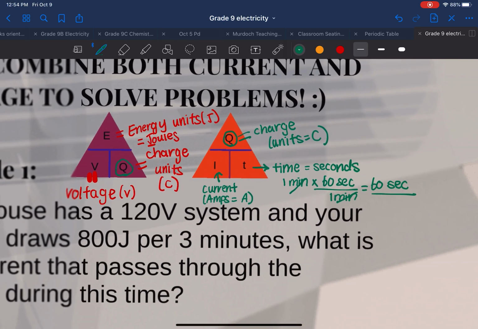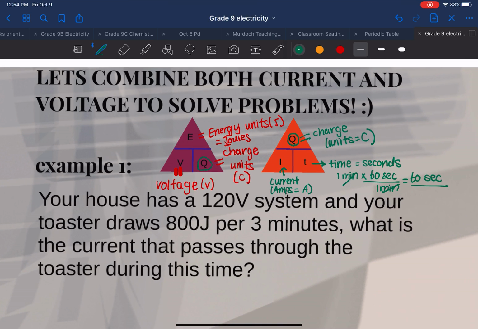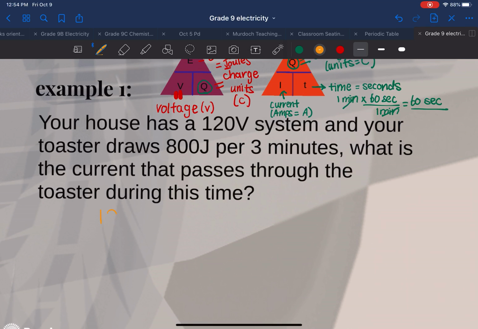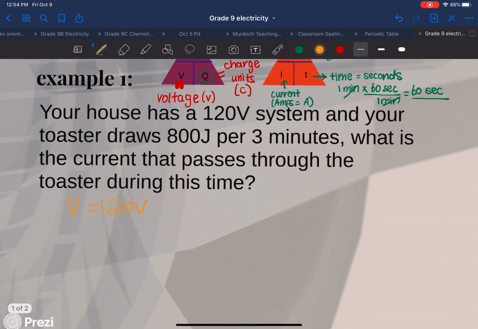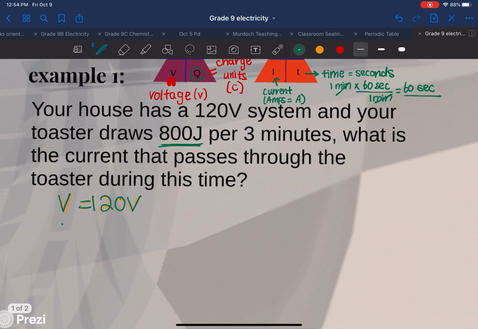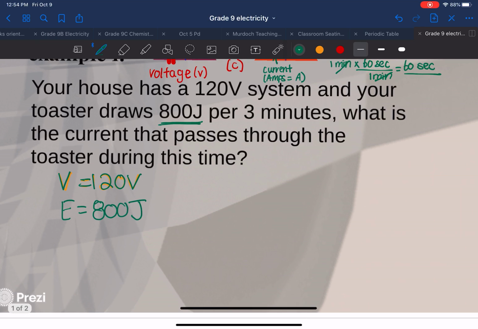Alrighty, so let's look into this question and see what variables we have to work with. If we look here, your house has a 120 volt system. Well, 120 volts is our V. And then we're also given joules, which we know is the energy, so E, 800 J per 3 minutes.